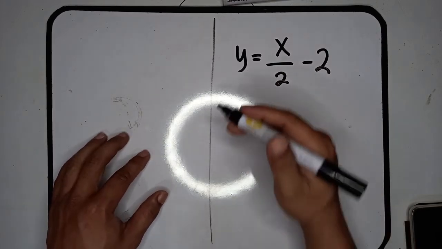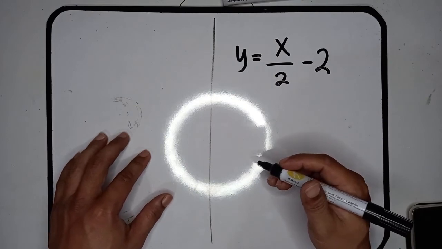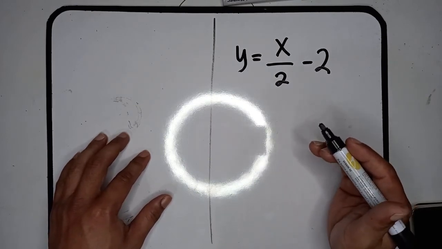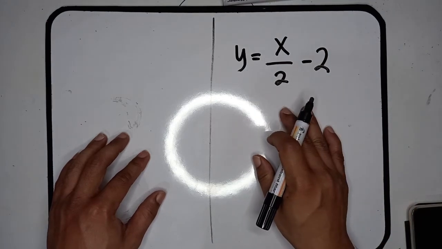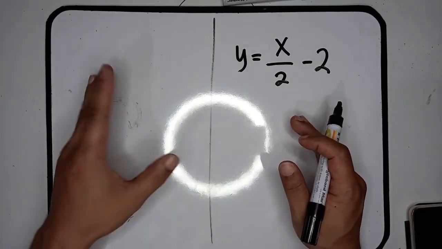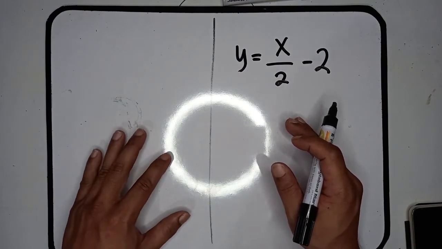Okay, so given this linear equation, let's try to find out what are the points that we can create out of this linear equation, and then after that we'll plot it using our x and y axis.